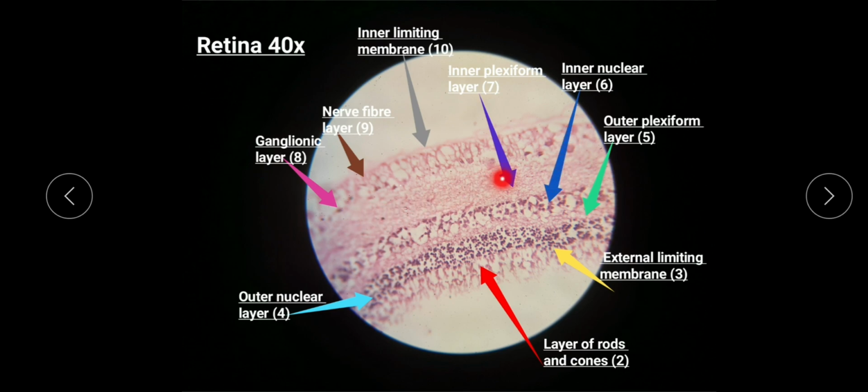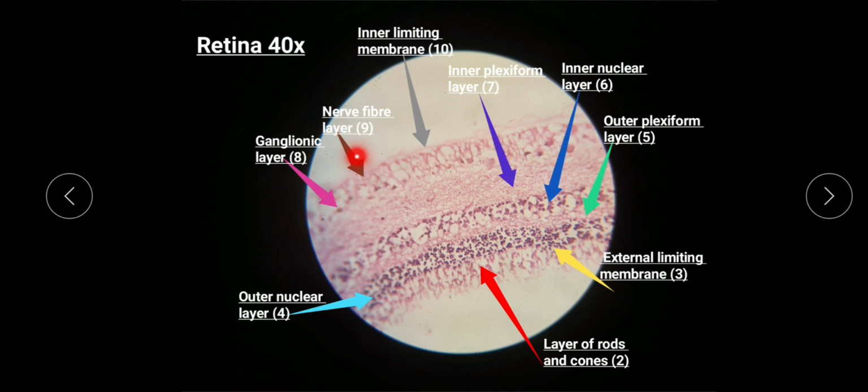After that, again with the purple arrow, this area represents the inner plexiform layer. After the inner plexiform layer, number 8, you can see the nuclei of the ganglionic cells in this layer, so that is the ganglionic layer.